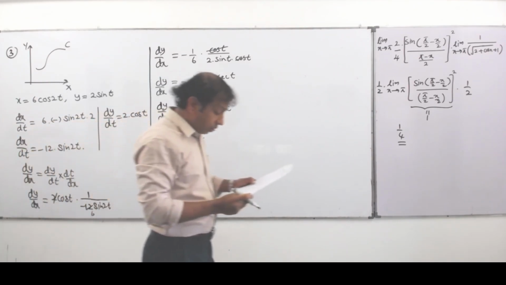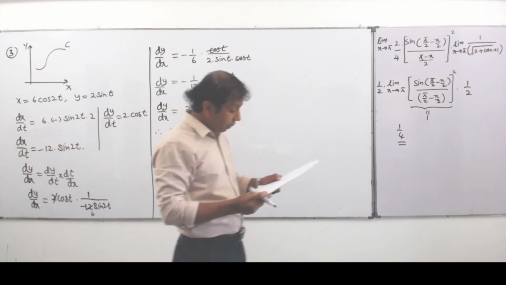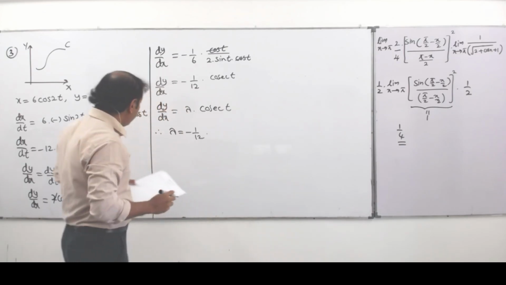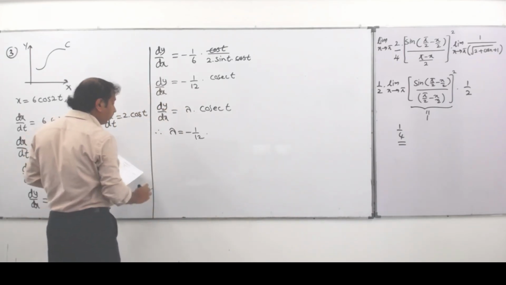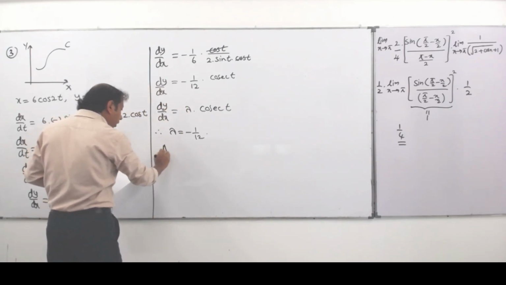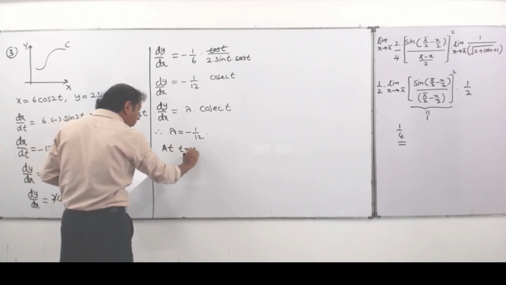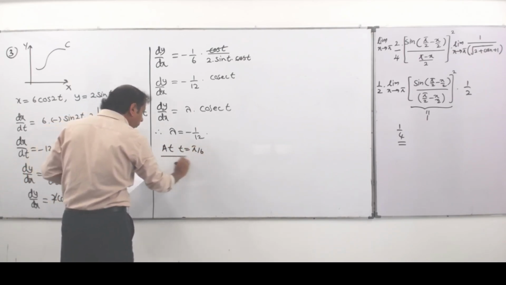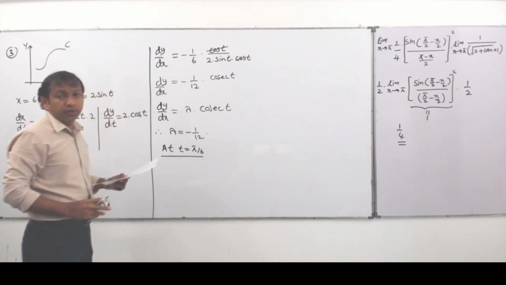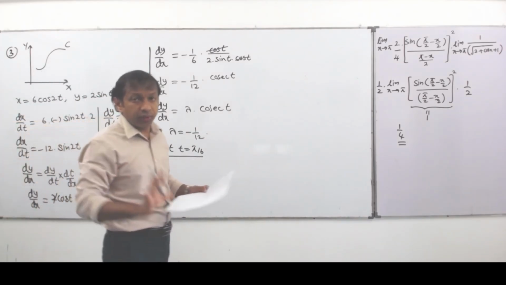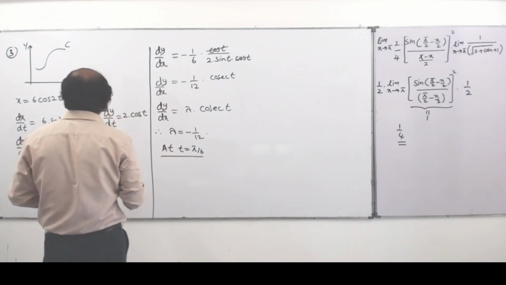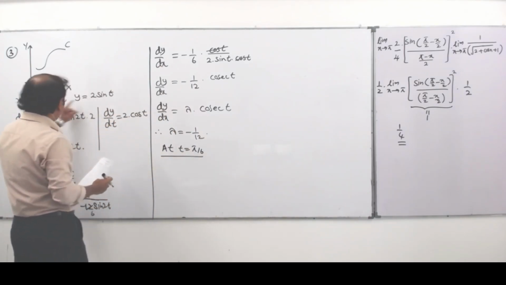Right. Find the equation of the perpendicular drawn to the curve C at t equals pi by 6. Then dy by dx is the gradient, no? Right. Then we need to find at t equals pi by 6 the coordinates of the point, x coordinate and y coordinate. For that, this t equals pi by 6 we put here and here.